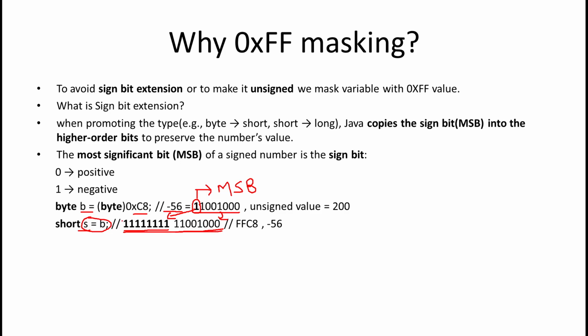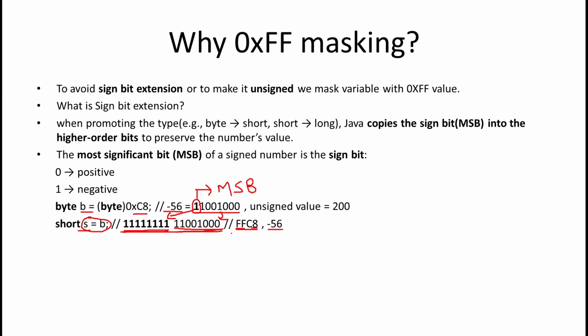So the resultant binary value will be FFC8. These high order bits get enabled. That is why we are getting FF here, and the remaining bits become C8, decimal integer value -56.